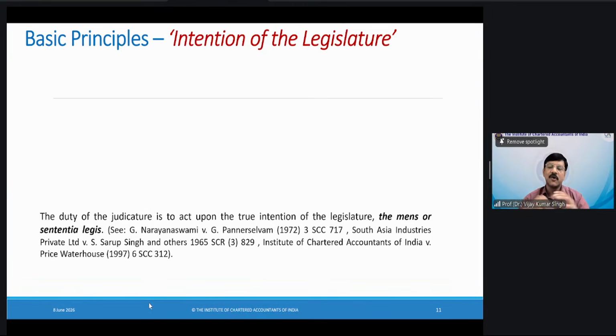Say, for example, there is a law like the Insolvency and Bankruptcy Code. You people must have read it, right? Or maybe company law, and there is a provision with reference to independent directors. So where do you find the intention of the legislature? Circulars for clarification? No. It's a very interesting question.